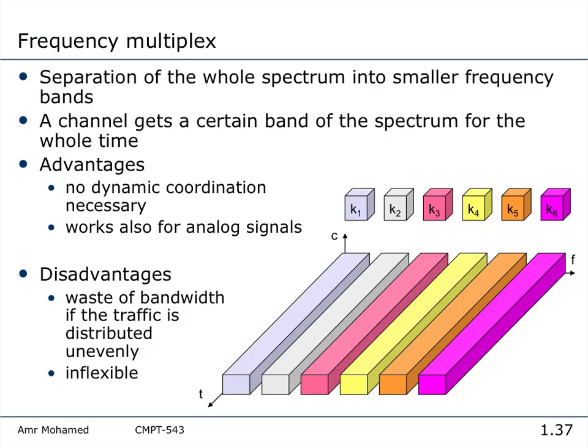So we have frequency multiplexing. We need to analyze: if we divide the signals in frequency, what are the pros and cons? We need to go back deeply. Okay? What are the pros and cons? Separation of the whole spectrum into small frequency bands, and each channel gets a certain band.